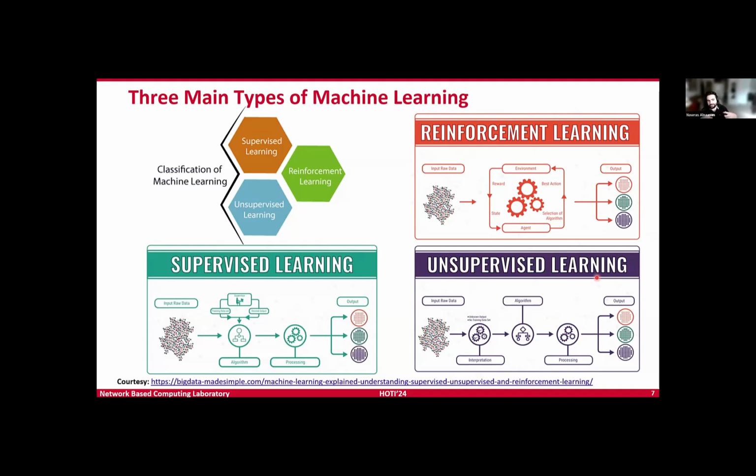A human is not providing that text; you can just scrape it off the internet, cover a word in it, and ask the model to predict that word. If it's close to the actual word, you don't do anything to the weights, but if it's not close, then you adjust your weights accordingly. So this is one form of unsupervised learning, but there are also other techniques. I hope that explains.